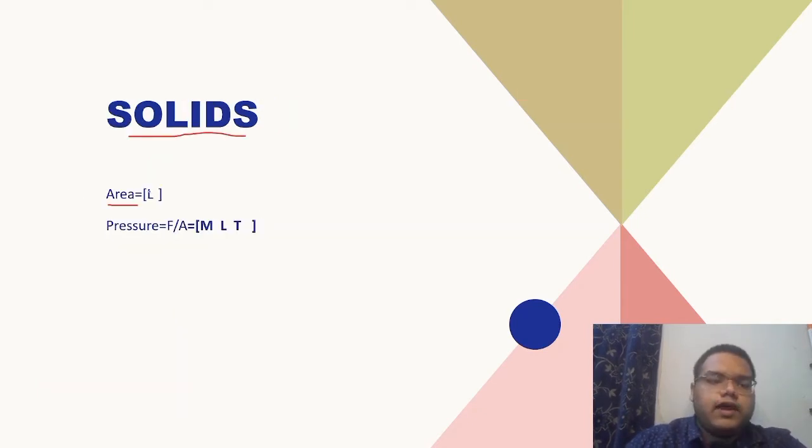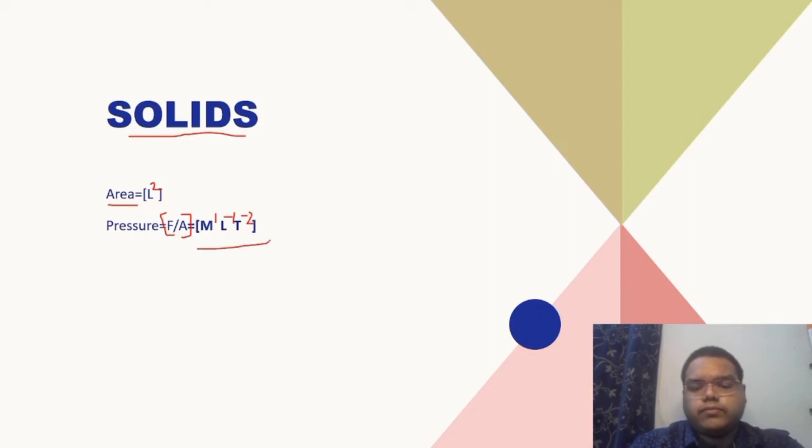In solids, area has a dimension of L square, pressure has the dimension of F by A, that is m to the power 1, L to the power minus 1, t to the power minus 2.